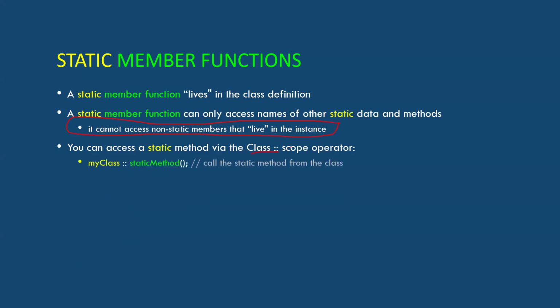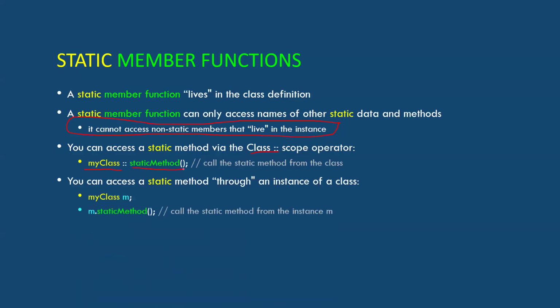This will be a little clearer when we look at some actual code. This would be my way of calling a method from the factory: my class, scope resolution, static method, parentheses, whatever that thing might be. But we can similarly do it through a class instance, so there's an instance also reaching back and grabbing that static method at the factory.